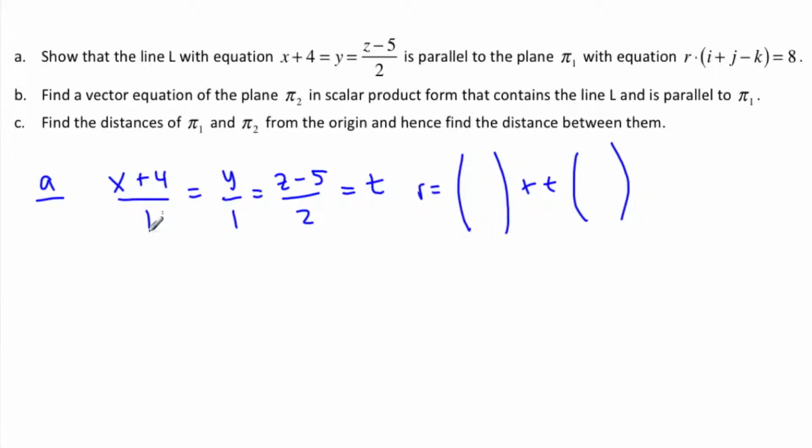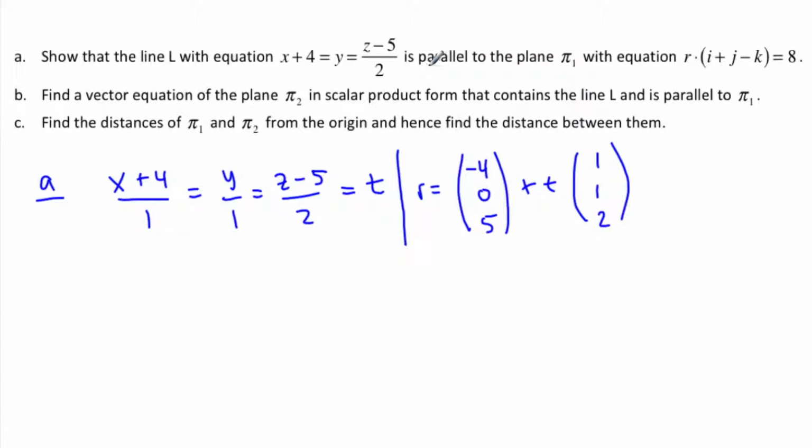If I multiply by 1, I'll get 1t. Multiply by 1, I get 1t. Multiply by 2, I get 2t here. And then I'll subtract 4. This one doesn't have t, so that's 0, and then add 5. So this line now is the same line.